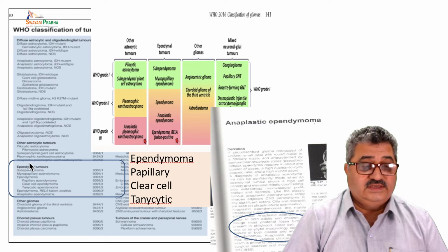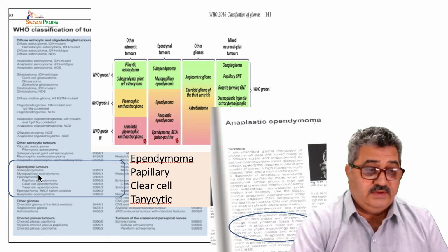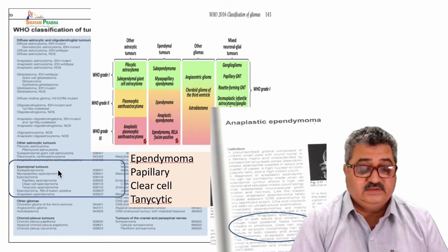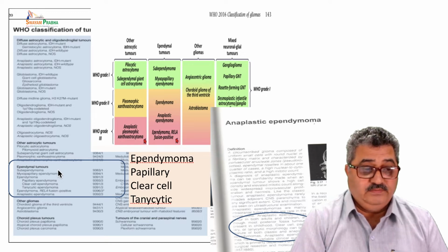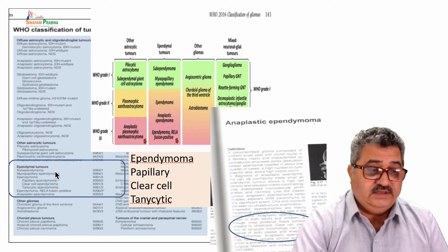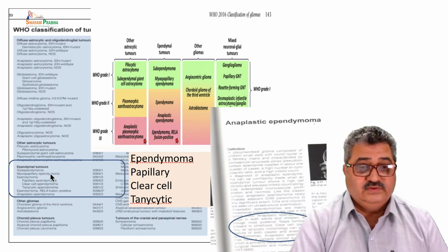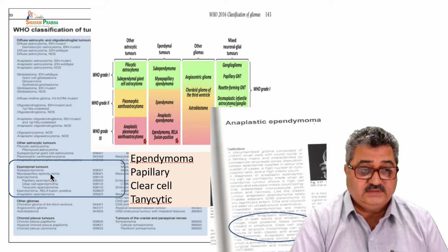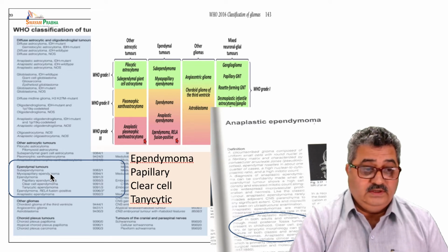WHO suggested that subependymoma and myxopapillary ependymoma, which are well circumscribed, are grade 1, and ependymoma and anaplastic ependymoma are grade 2 or grade 3. Some of the variants, papillary, clear cell, and tanycytic, were also included in the last WHO classification. The new addition was the ependymoma which are RELA fusion positive.